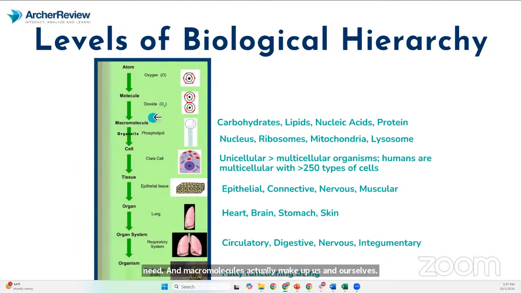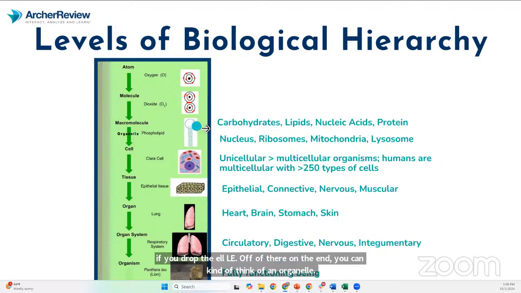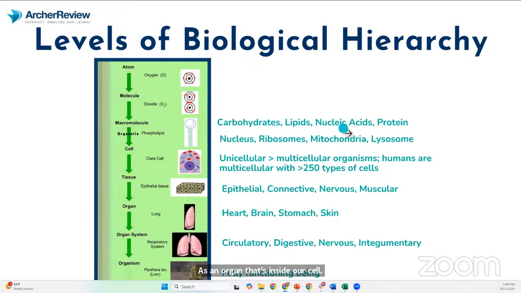And so we will see that the macromolecules, carbohydrates, lipids, nucleic acids, and proteins work together then to form the organelles that are in our cells. And if you drop the ELLE off of there on the end, you can kind of think of an organelle as an organ that's inside our cell. And these are things like the nucleus, ribosomes, mitochondria, lysosomes. Then when we think in terms of cells, we have kind of two ways that we can look at that.